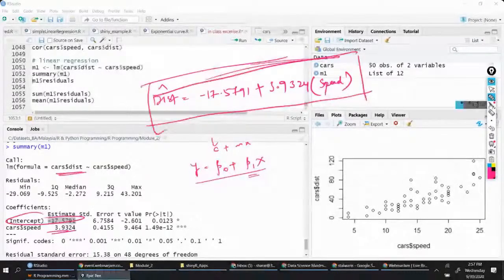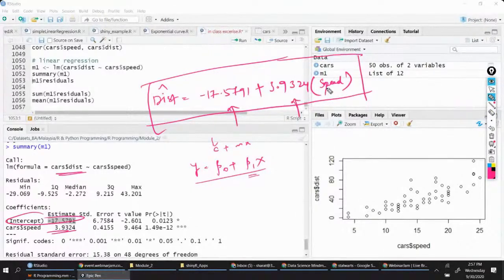But can I use these values? Can I use these constants that we got? Right? So in order to interpret that, we look at the p values corresponding to beta values.